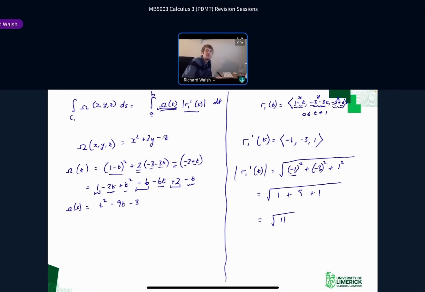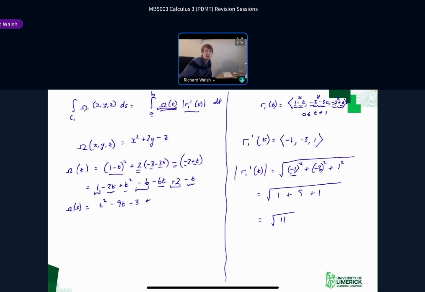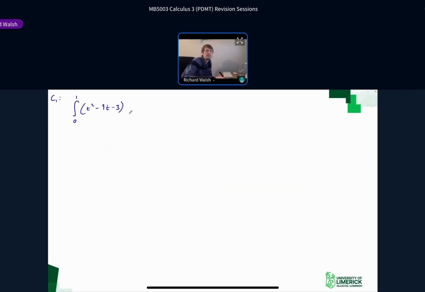We have the function in terms of t, which is down here, t squared minus 9t minus 3, times the magnitude of the derivative of our line segment parameterization, which was root 11, dt. Now, with integration, like if you're integrating 3x with respect to x, you're allowed to take any constant multiples out.